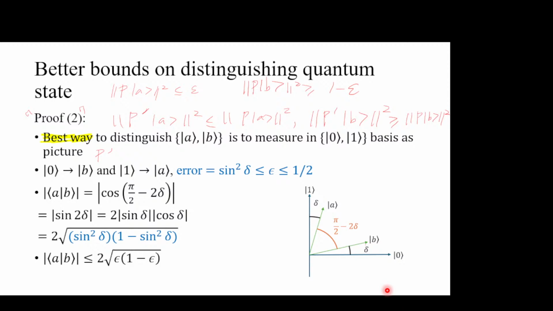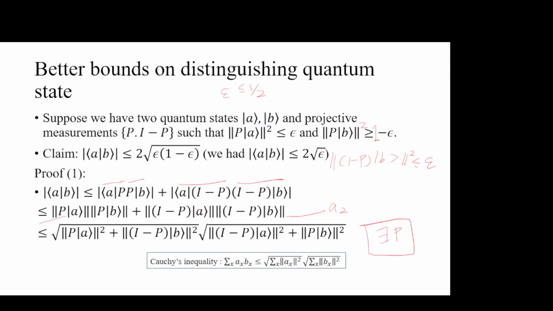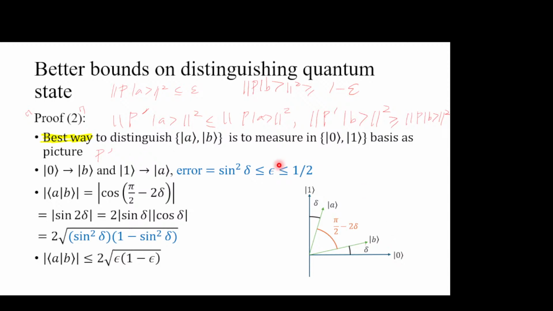Okay, let's get started. Sorry for the confusion on this proof 2. I think I sorted it out, and I should also erase this thing. So this is indeed a proof, but it's a bit hand-wavy here. We need to say that this is indeed the best way to do a two-outcome measurement. Suppose the best way to do the measurement is projector P prime.